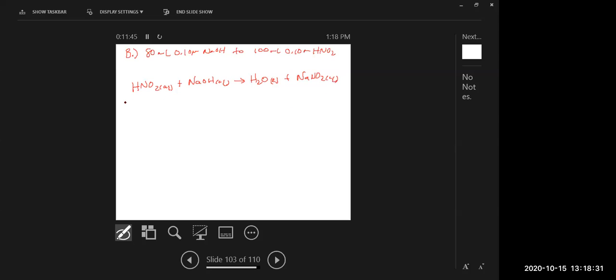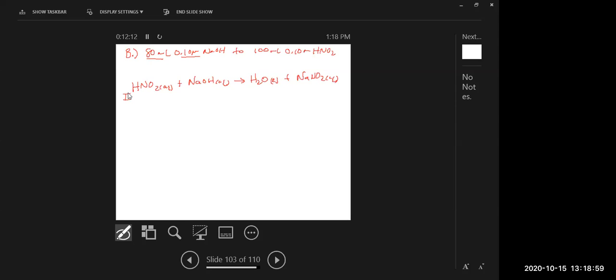Now, since we have started the titration, we do need to do these in moles when we do the ice table. So we want to make sure that we start with the moles of each of those. For our HNO2, we would take 0.1 liters times 0.1.